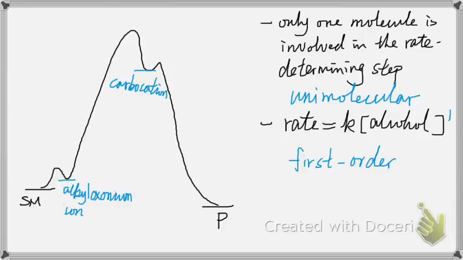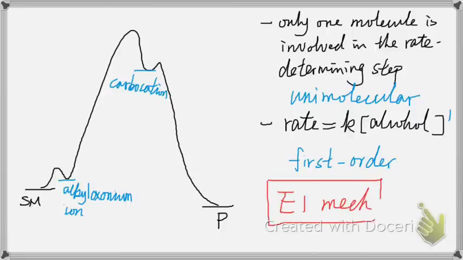So the rate is related to only the concentration raised to the power of 1. We call this a first order reaction. As a result, this mechanism that we just saw is called the E1 mechanism.